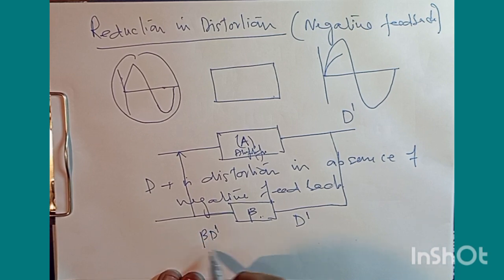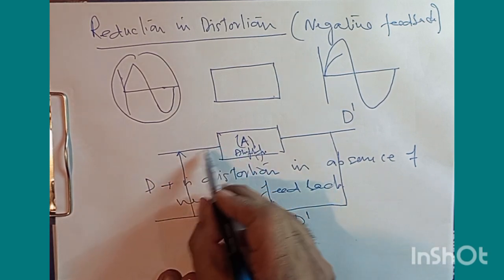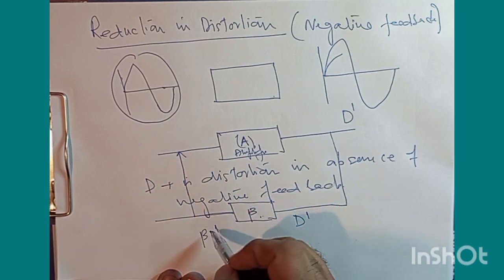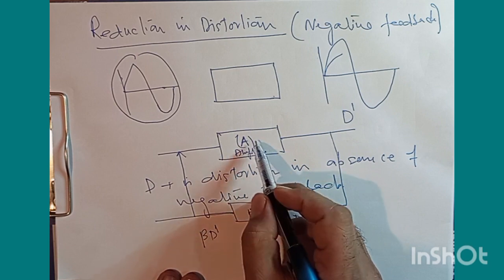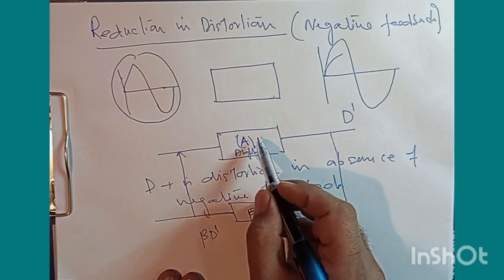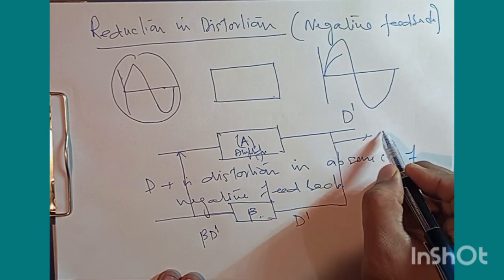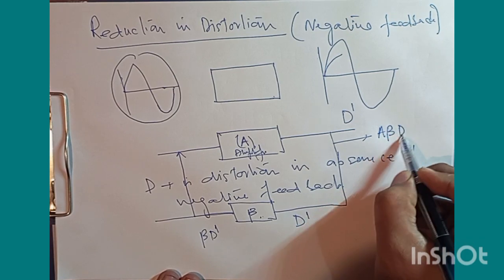Now this beta D dash, we have to keep in mind that we are talking about the negative feedback. This beta D dash will be input to the amplifier. So what's going to happen here is that this beta D dash will be amplified, and the thing that we will obtain here will be A beta D dash.